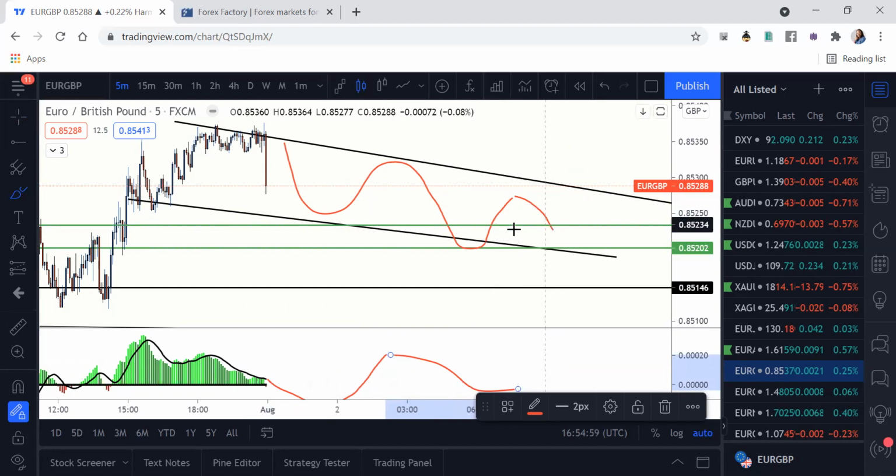Once this current low does not surpass the previous low, and all of our confirmations are met on the MACD, then we can look at getting our buy and taking Euro GBP up to the upside. You can use the previous low for your stop loss. And that's it.